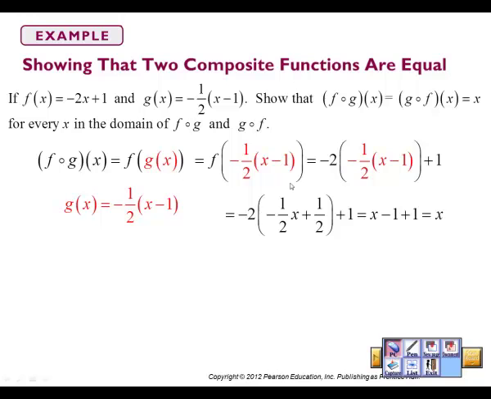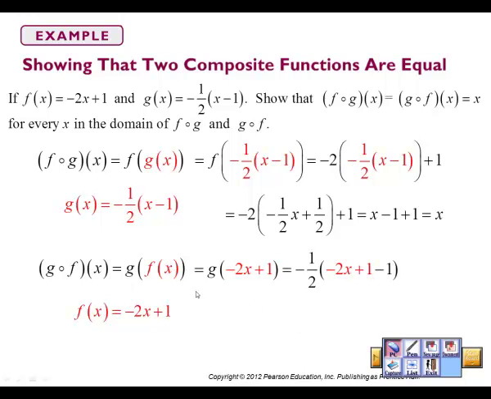So now if we do g of f of x, the same thing's going to happen. Here's f of x, negative 2x plus 1, and it's like we're cutting the x out of the g of x. Now we're going to take that f of x and put it into the x, in place of the x for the g of x.